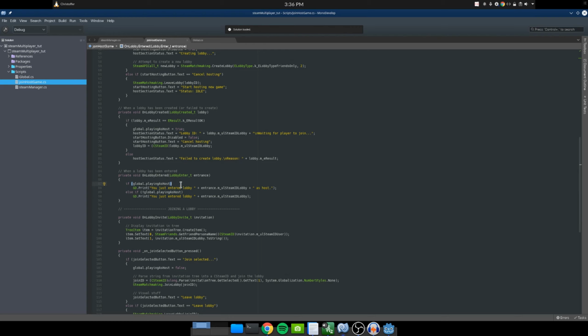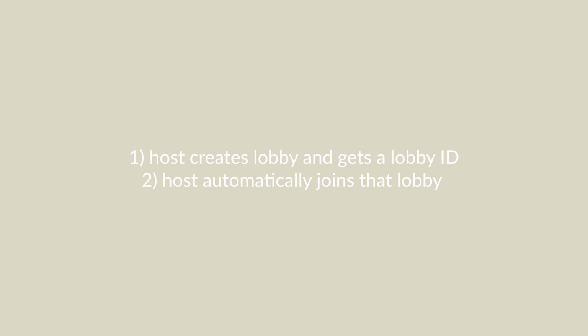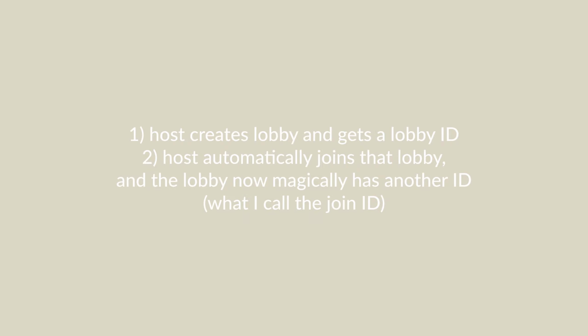And at this point, okay, so what I tried to explain to you before about the lobby ID and the join ID is that whenever you create a lobby, you get an ID, of course. We saw that in the last episode. But when you actually join that lobby yourself as a host, that lobby has another number for some reason, and I can't really understand why that is.